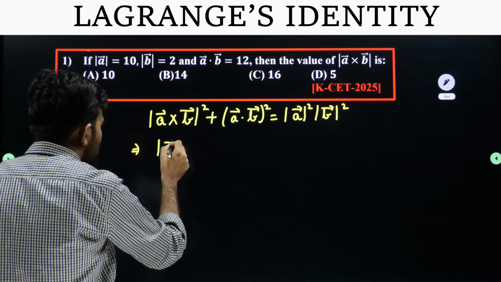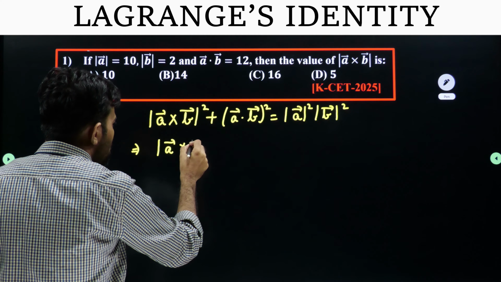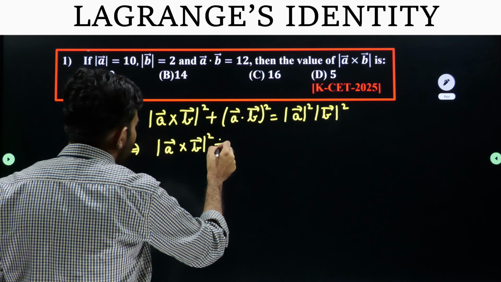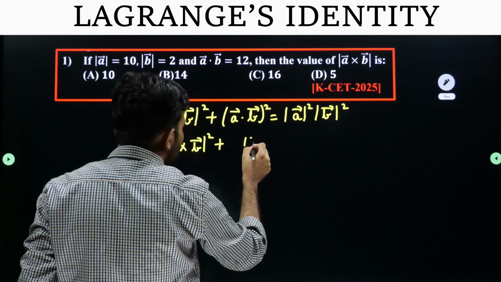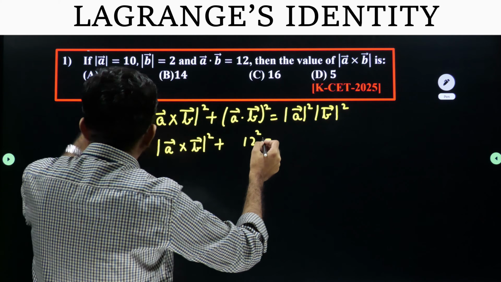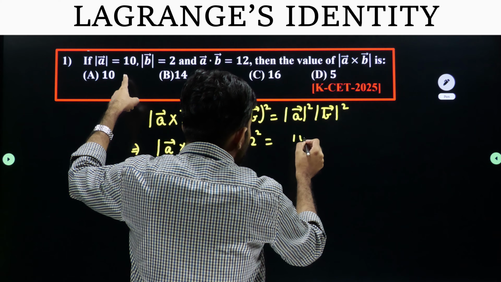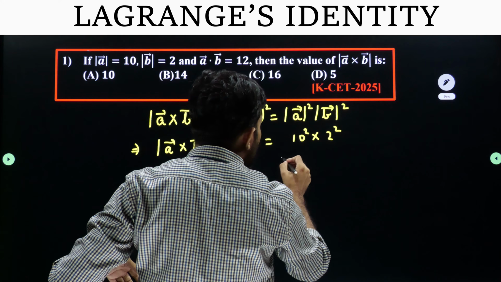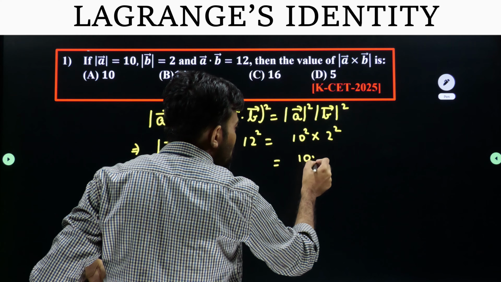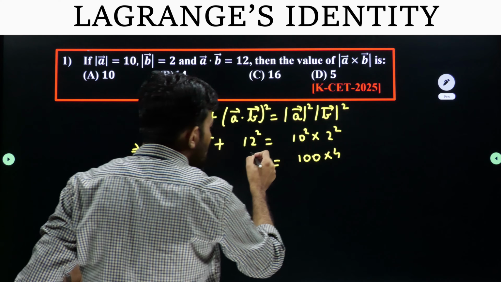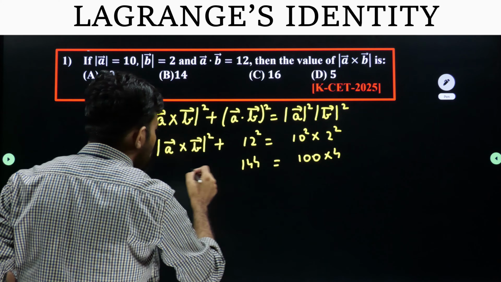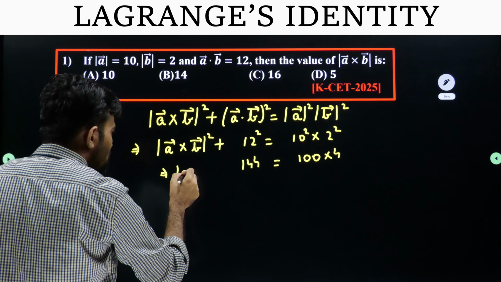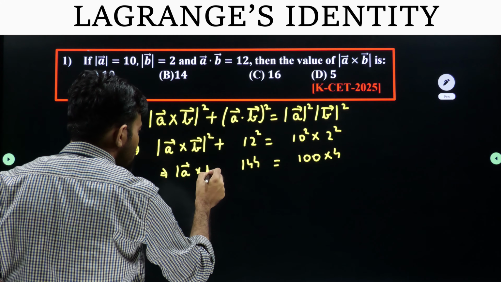Magnitude of A cross B square plus A dot B is 12, so 12 square is equal to magnitude of vector A is given as 10, substitute 10 square into magnitude of vector B is 2 square. 10 square is 100, 2 square is 4, 12 square is 144. This is magnitude of A cross B square, correct?